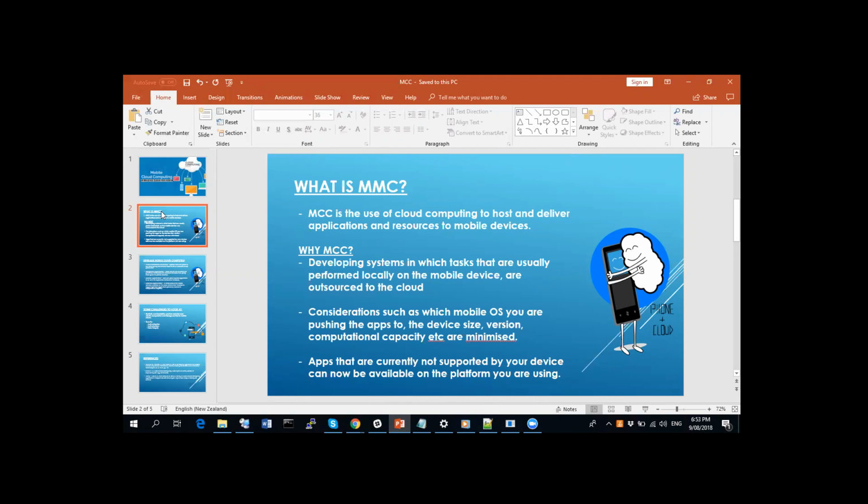So with the use of mobile cloud computing, we can develop systems in which tasks that are usually performed on the local devices can be outsourced to the cloud. Considerations such as the mobile OS, the device size, version, and computational capacity are all minimized. You don't have to worry too much about that because the cloud will handle it for you.